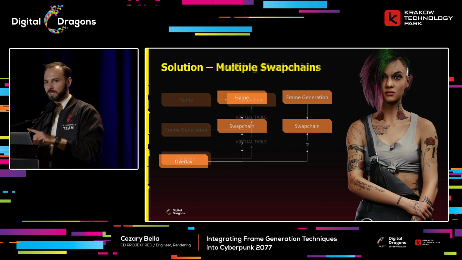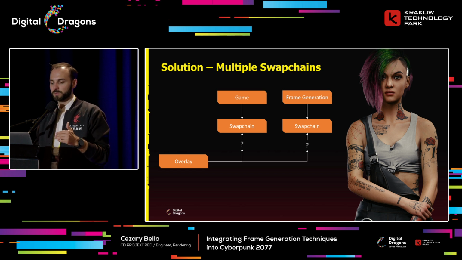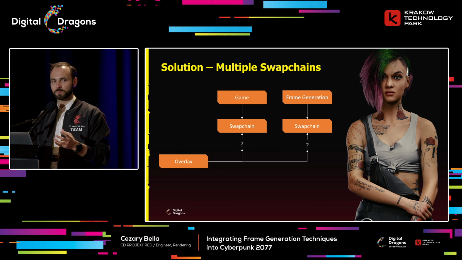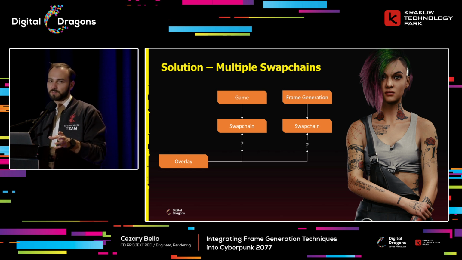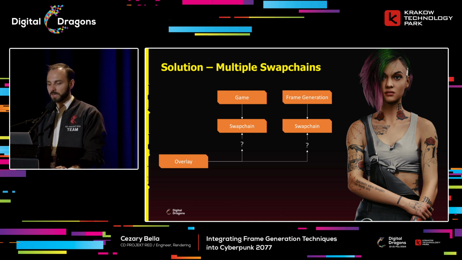Because then there's another problem, and that's multiple swap chains. GOG's overlay was only accounting for a single swap chain. So we have our game swap chain, and we have the swap chain from the frame generation, and the overlay was like, okay, but where do I hook? Sometimes it was crashing, not as much as previously. Sometimes it was flickering. Sometimes it wasn't visible at all because it hooked to the wrong swap chain.